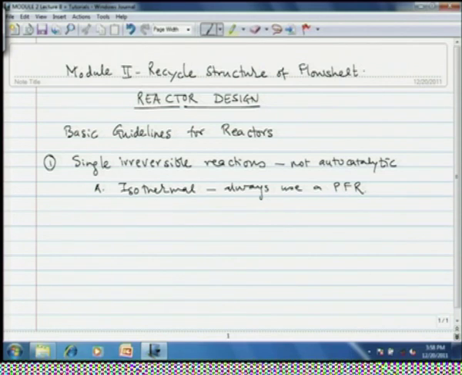If the reaction has significant heat effects, then go for adiabatic mode with plug flow. If the reaction rate decreases with conversion, that means the amount of heat that is liberated goes down and the reactor heat load goes down.